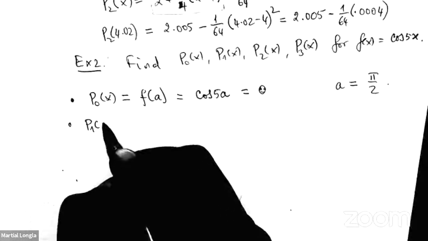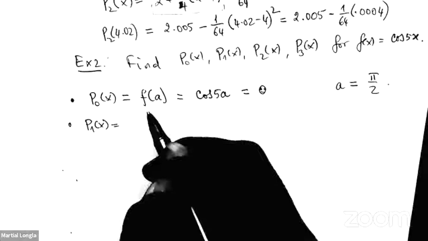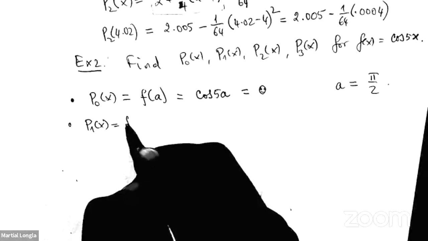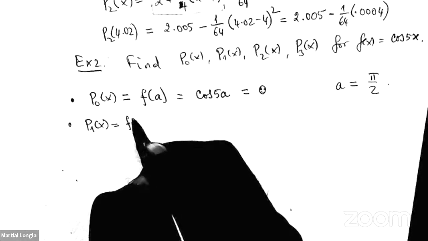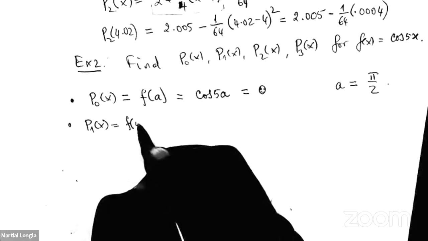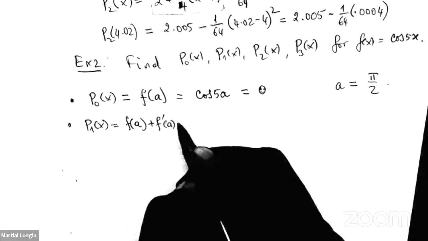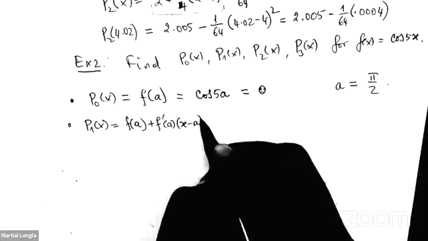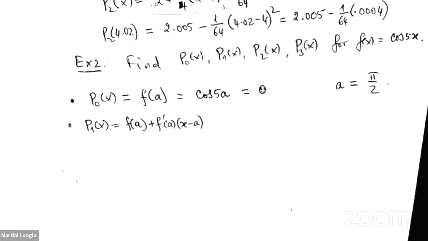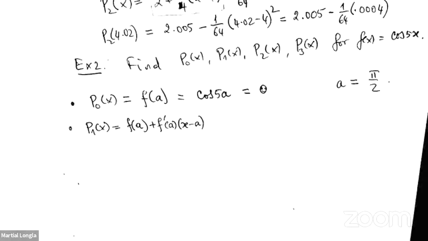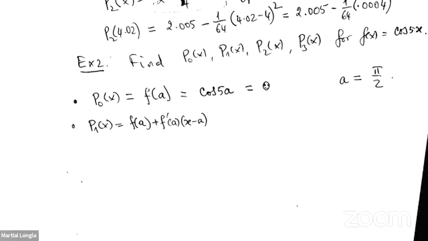That's P0. For P1 of x, that would be f of a plus f prime of a times x minus a, my bad. All right, so that's the formula. You got to be able to get that formula first before being able to do the work. So now you got to find f prime of x.